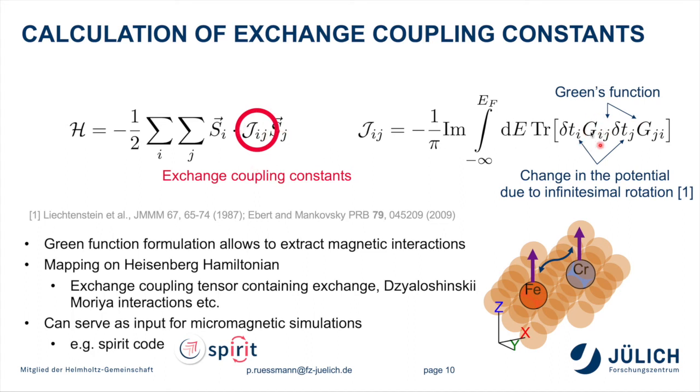You see here the Green functions appear, and some T matrix which is connected to the potential of these impurities in this example. So this gives us direct access to these properties and even allows us to extract complicated things like the Dzyaloshinskii-Moriya interactions, and all of this can then serve as input for micromagnetic simulations, for example in the Spirit code that is also developed in Jülich.